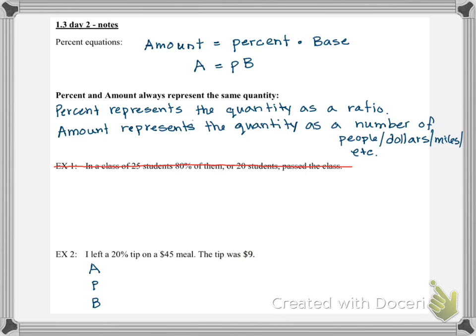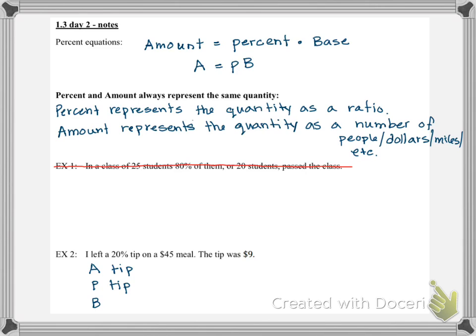So it's a 20% tip. So we're going to say percent tip here. And what that tells me is that the amount has to tell me the dollar amount of the tip. So the amount is the amount of the tip.